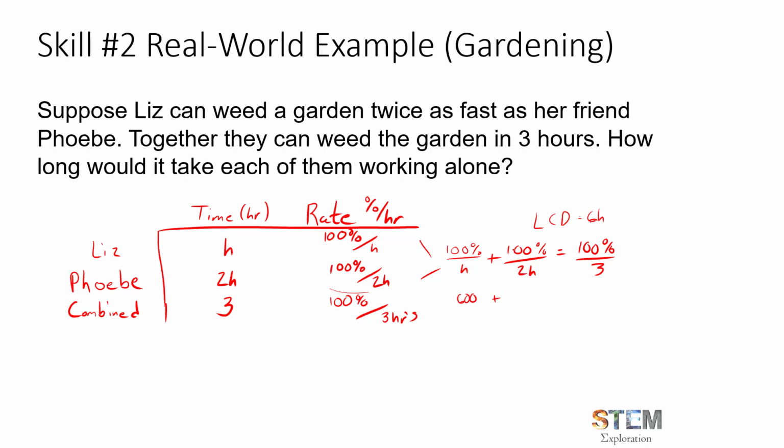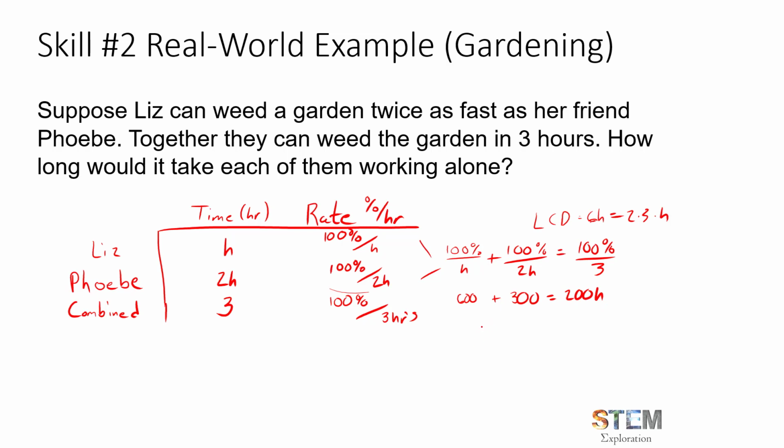And then plus, if we multiply this by 6h, the 2 and the h will cancel out, because if you think about it, this is 2 times 3 times h. This will leave the 3 left, so this will be 300. And then the 3 will cancel out, but the 2 and the h will be multiplied together, so this will be 200h.